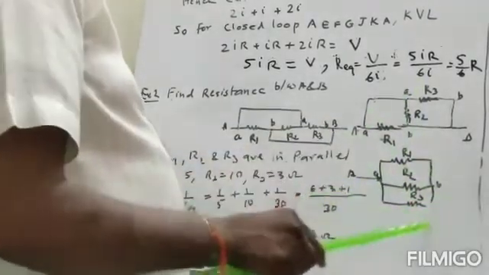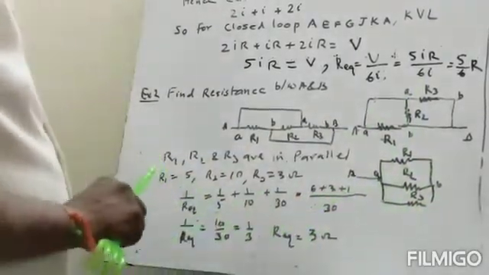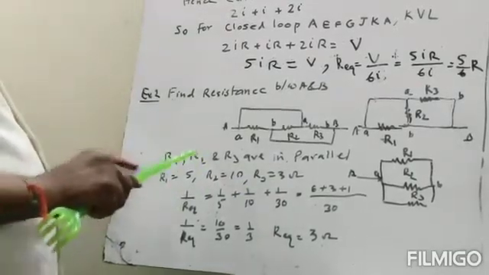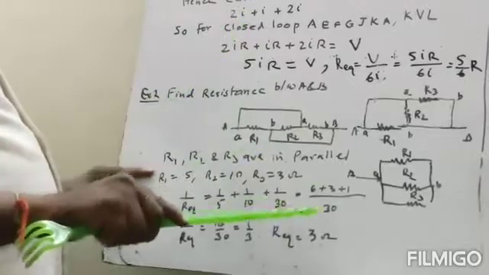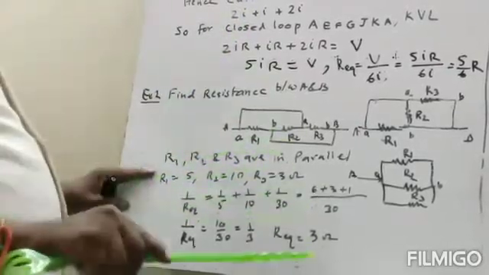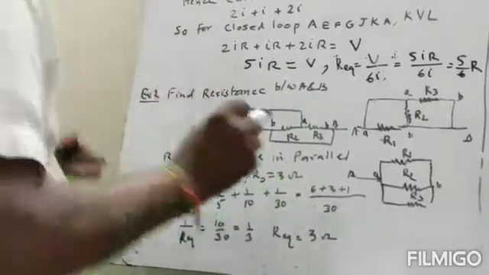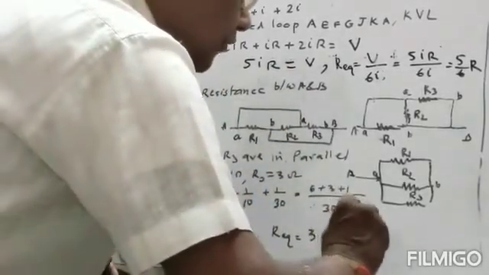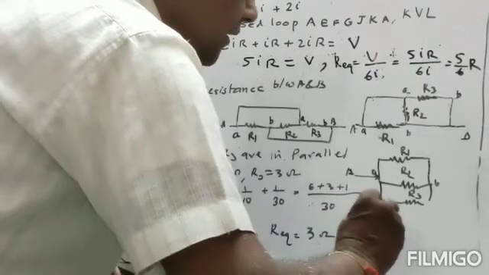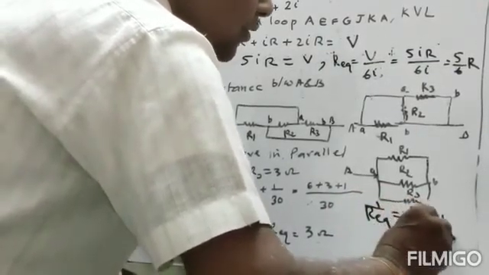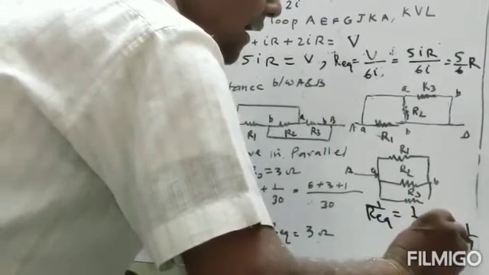So the equivalent resistance in parallel combination will be: 1 by R equivalent is equal to 1 by R1 plus 1 by R2 plus 1 by R3.